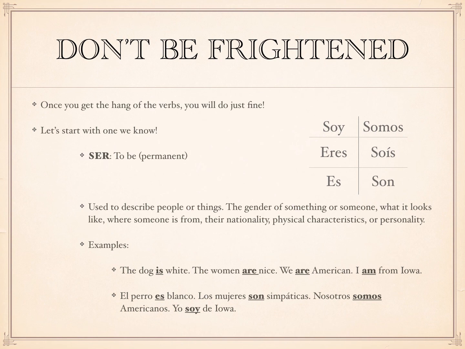Same thing with simpáticas and mujeres. Yo soy de Iowa means I am from Iowa. So ser is a conjugation or translation for I am, you are, he or she is, we are, you all are, or they are.